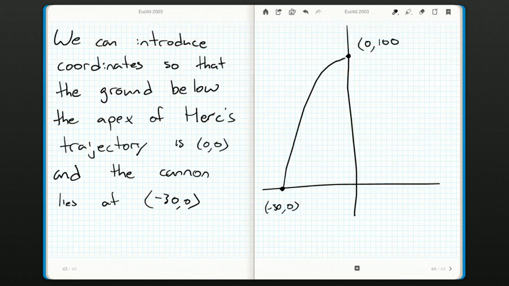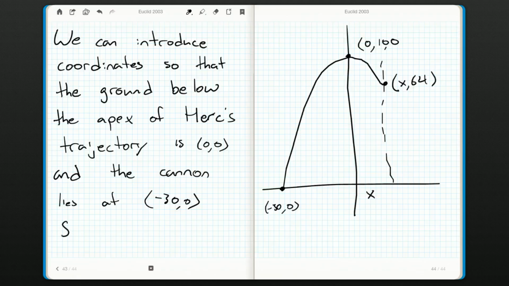And we have ourselves a parabola until we hit a safety net. And that will be at some point, some distance here, x. That'll be at y equals 64, where x is positive. So we want the distance between the cannon and the net.